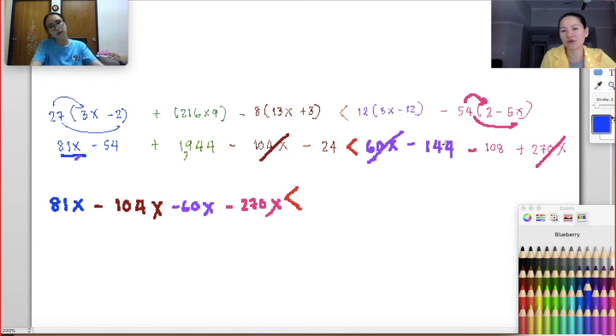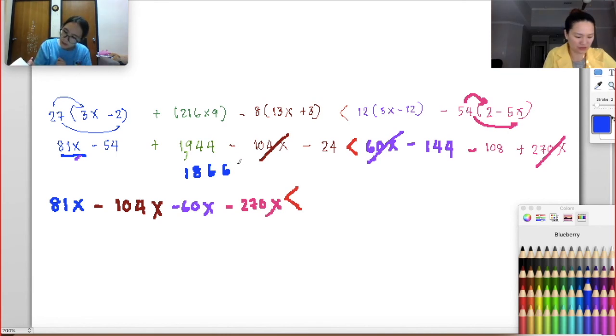And then all of those numbers we get negative 114. Okay, I do this one, negative 54 plus 1944, and then minus 24 is equal to 1866 here, and then negative 144 minus 108. This one we get negative 252. Is that correct?